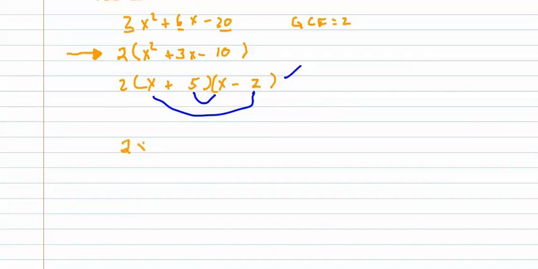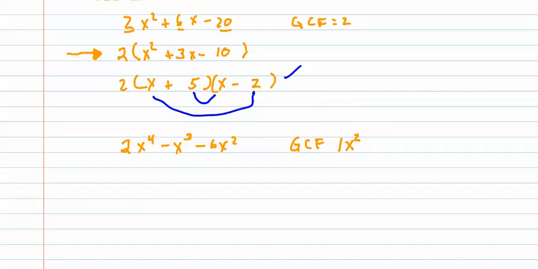2x to the 4th minus x cubed minus 6x squared. Greatest common factor: 2, 1, and 6. Greatest common factor is 1. X to the 4th, x to the 3rd, x to the 2nd. Greatest common factor is x squared. We can put the 1 there if we want.